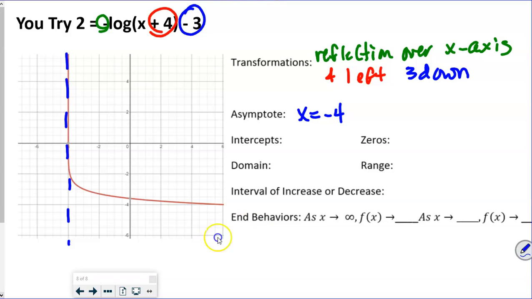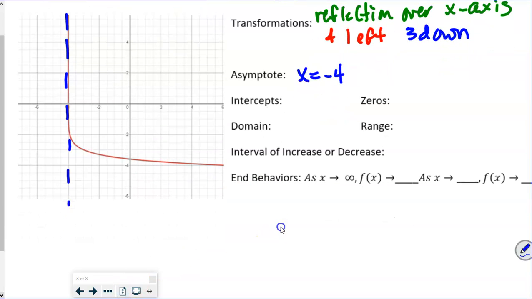Once again, we're going to solve for our intercepts, okay? So we're going to solve our intercept and our zero. So we're going to say y is equal to the negative log of 0 plus 4 minus 3. So we're going to actually do the negative log of 4 and then minus 3 from that.